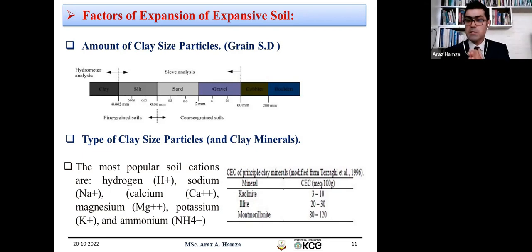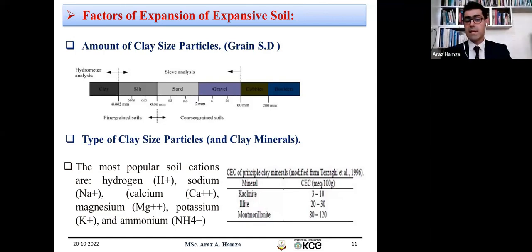Why? Because expansive soil consists of some clay minerals. Therefore, you should have a sieve analysis for the land that you decide to use for your project. If there is clay content, it means that you should care about expansive soil.